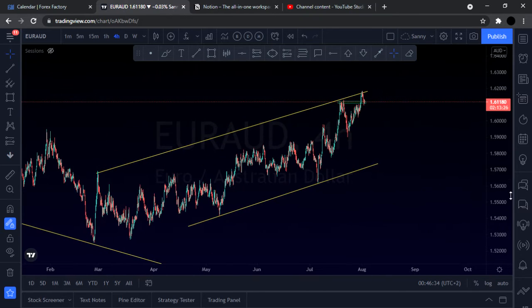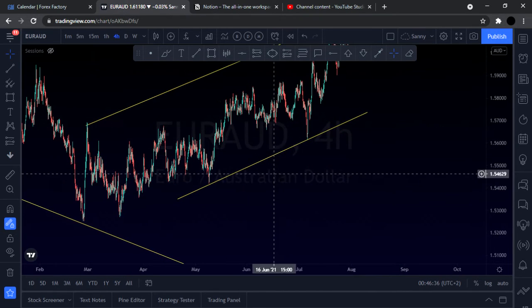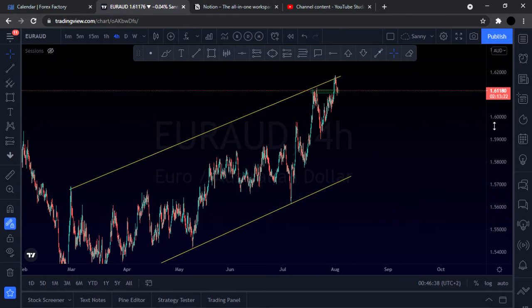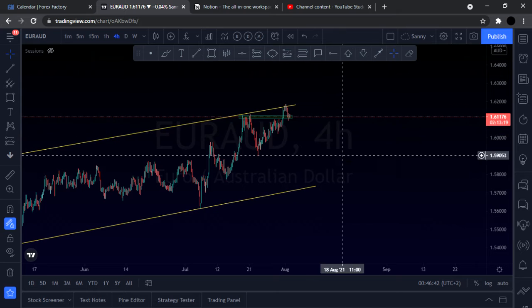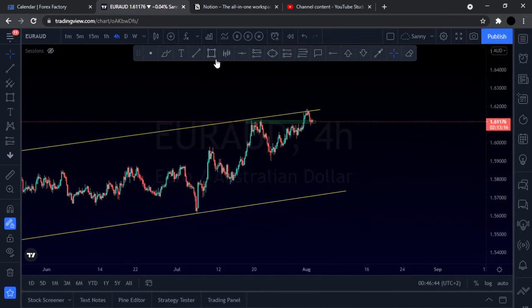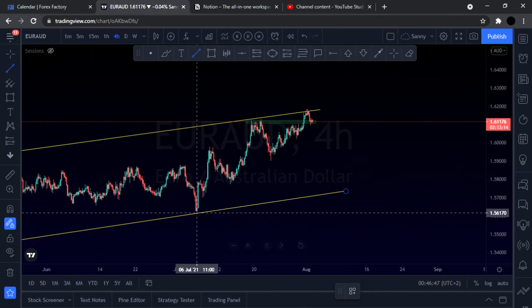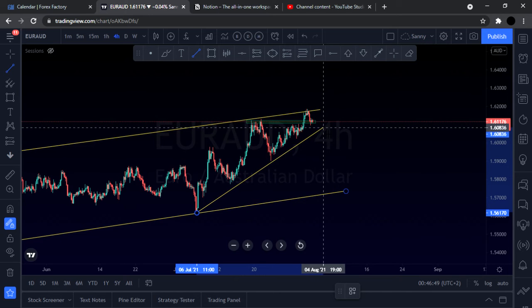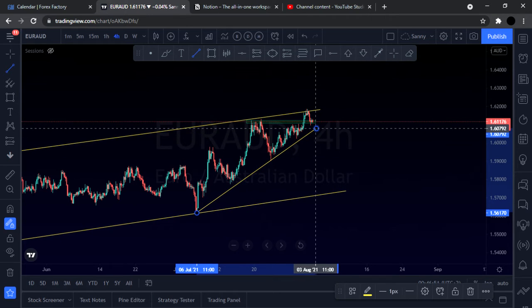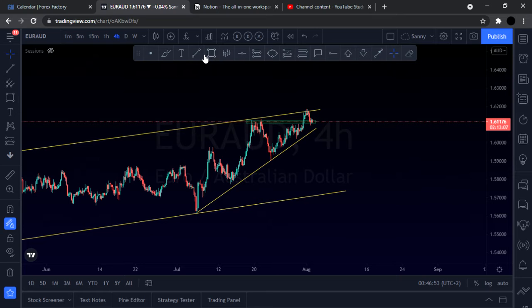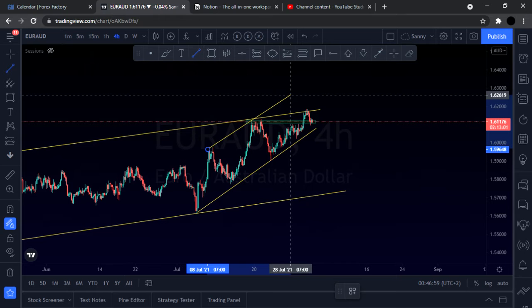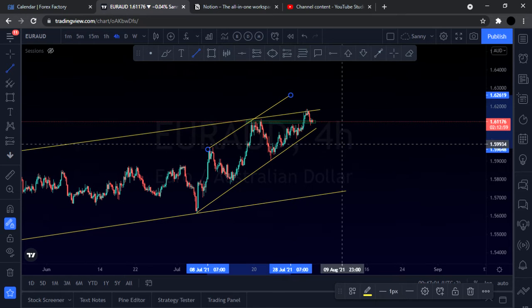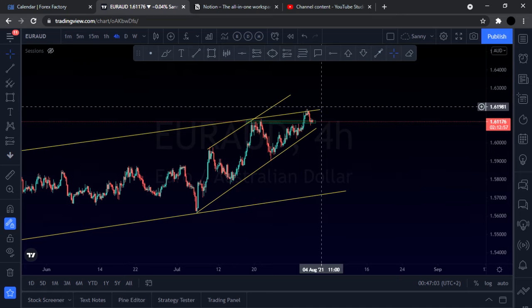So you can see higher highs and higher lows on the 4-hour, and if you zoom in a bit more and look at the most recent price action, you'll see that even here we still have higher highs and higher lows being created, right?